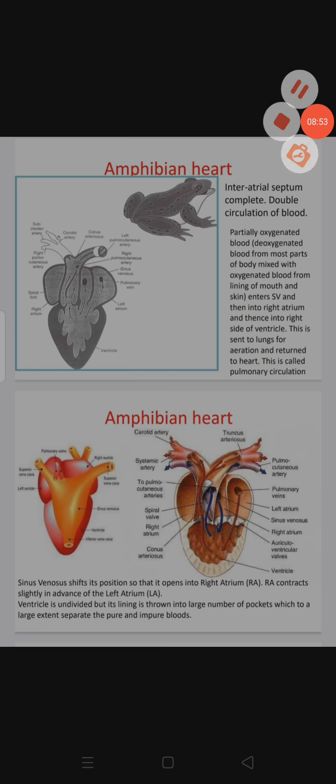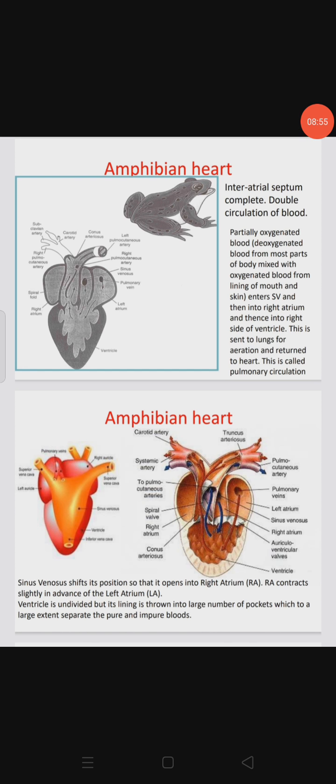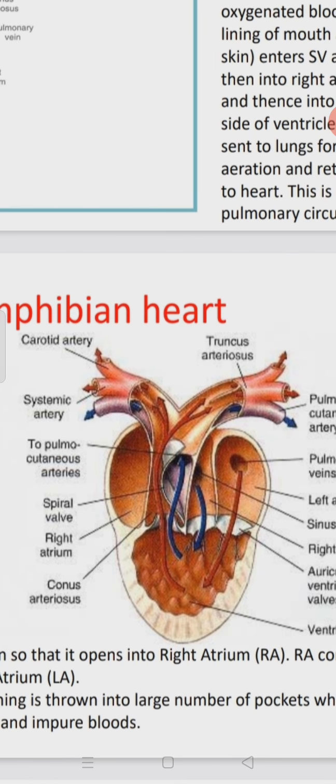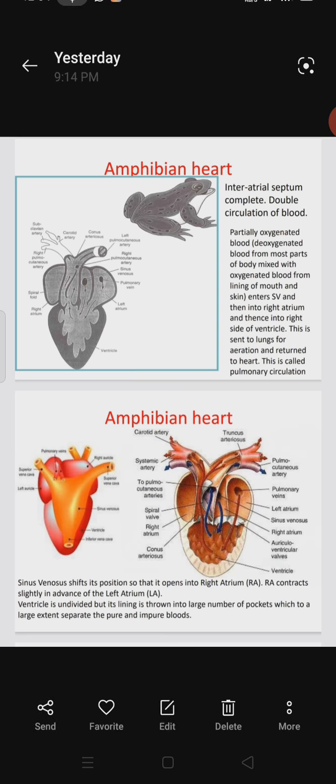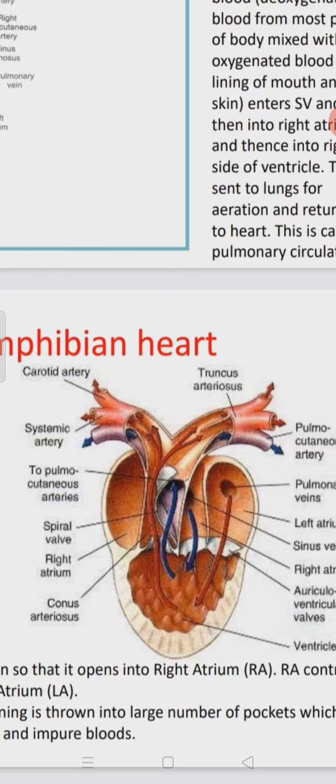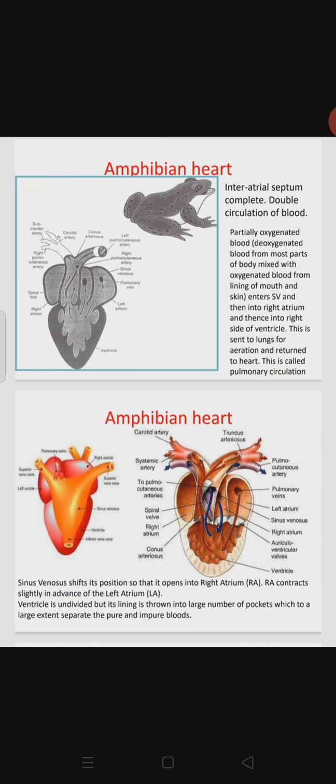Next you have to study the amphibian heart. This is 3 chambered, 2 auricles and 1 ventricle, in the case of amphibians. These 2 chambers we call atrium. The last one is the ventricle, where the atrium receives the blood, then it goes into the ventricle.